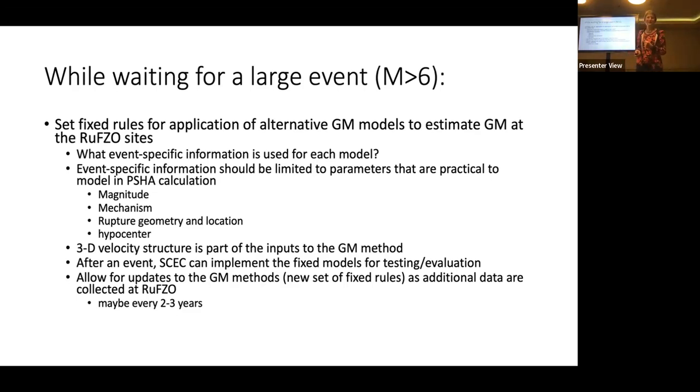And so you have to decide in those rules what event-specific information you're really going to use for each one of the models. It should be something that's limited enough that you can reasonably specify that in advance of earthquakes. Very simple things like the magnitude, the mechanism, maybe the rupture geometry, the depth, and so on, things that you might be able to specify in advance.